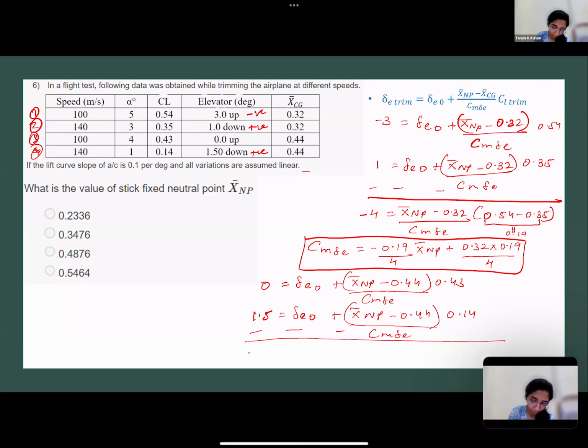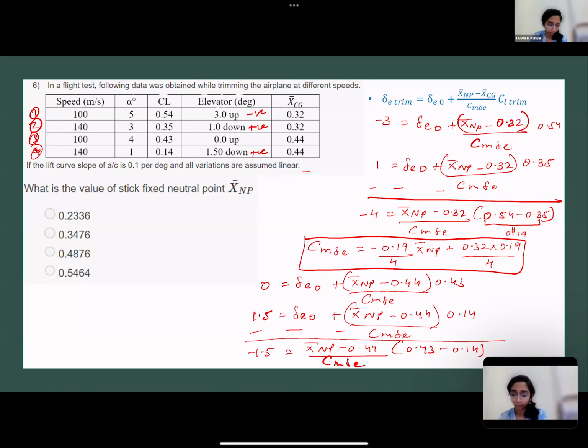What do you get? You get minus 1.5 equal to X bar NP minus 0.44 by CM delta E into 0.43 minus 0.14. Again, repeat the same thing that we did for the first case.